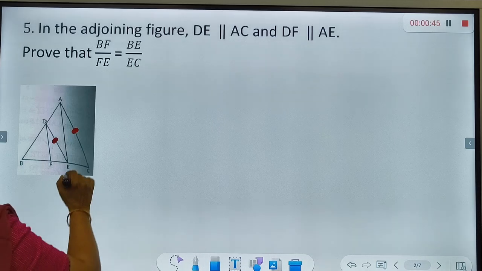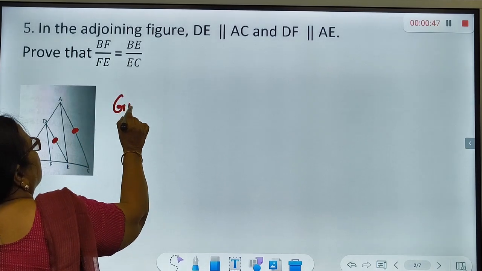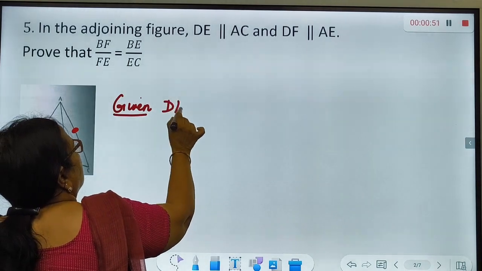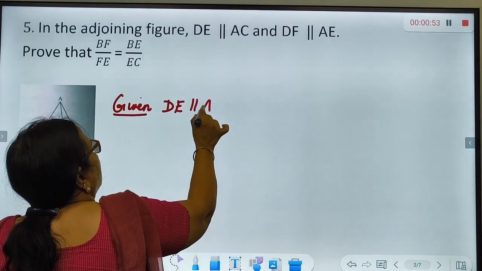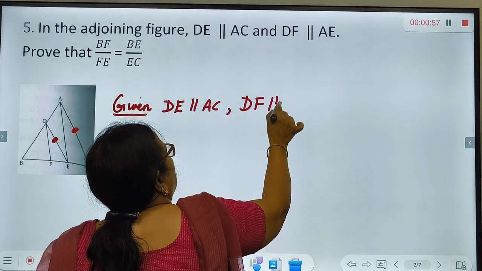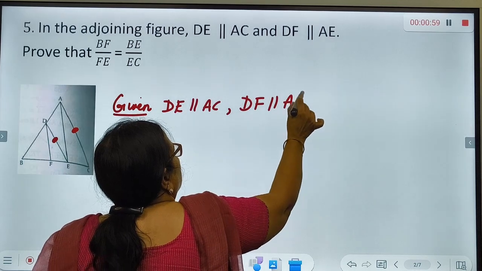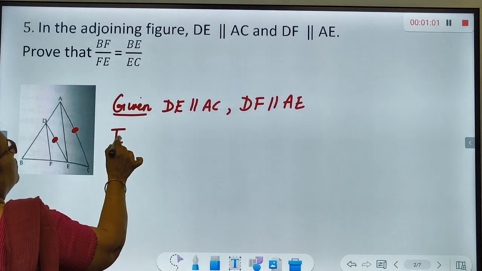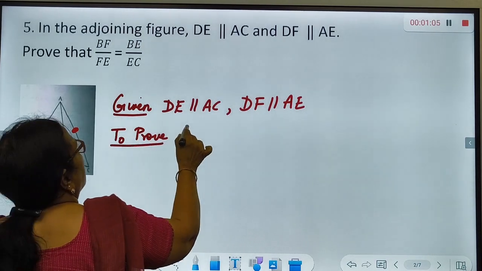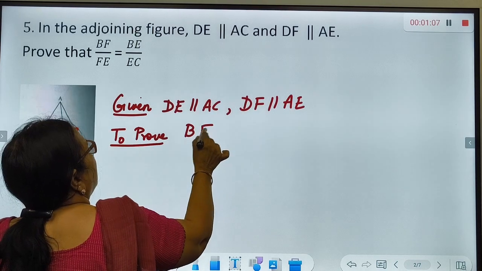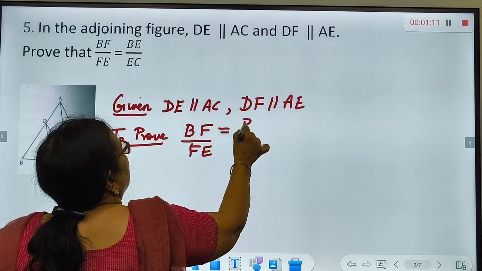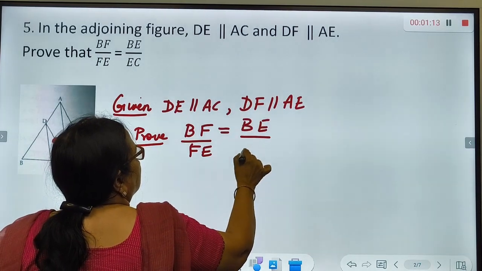So you are given DE is parallel to AC and DF is parallel to AE. You have to prove BF by FE is equal to BE by EC.